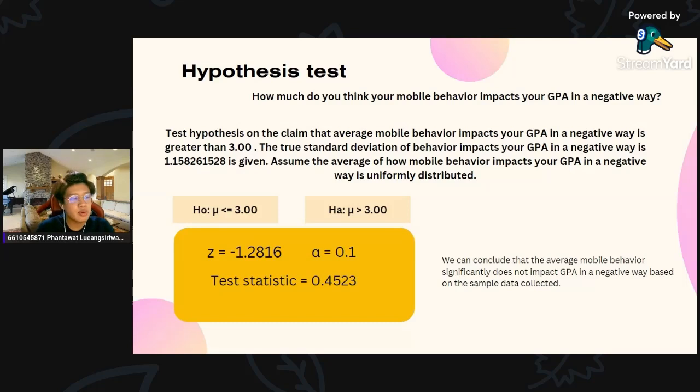Again, the null hypothesis says the mean is less than or equal to 3.00, and the alternative hypothesis says the mean is greater than 3.00. And again, the significance level is 0.1, the z-score is minus 1.2816, and the test statistic is 0.4523. So we can conclude that the average mobile behavior significantly does not impact GPA in a negative way based on the sample data collected.